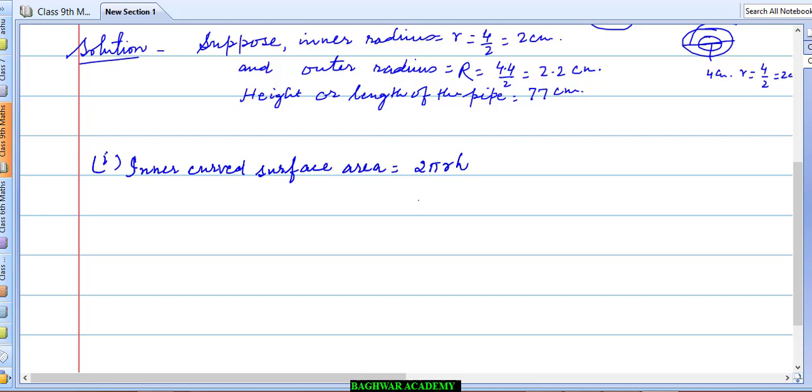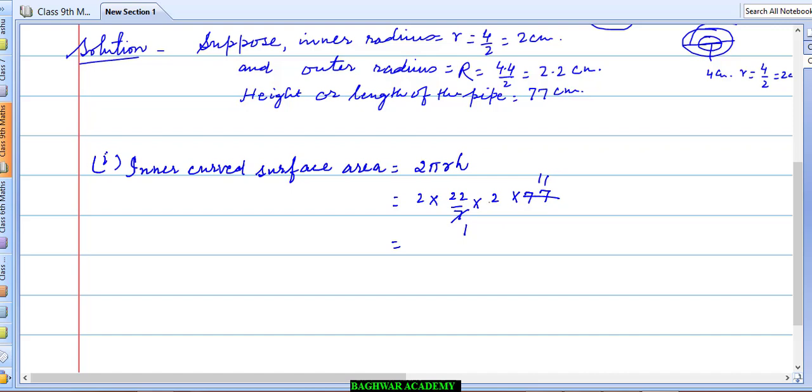Just put the formula: 2, the value of pi is 22/7, into r that is 2, into 77. If you simplify this, 7 1 is 7 and 7 11 is 77.